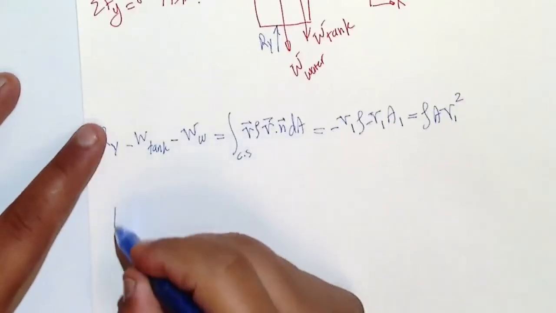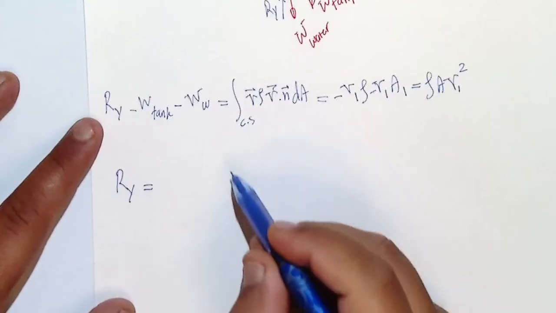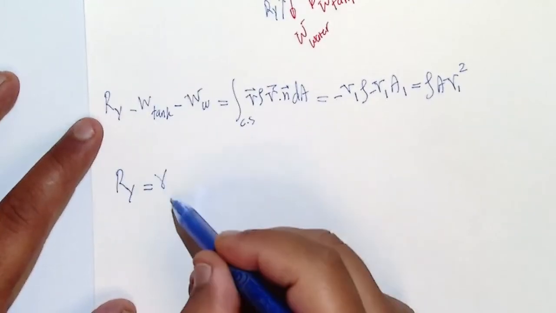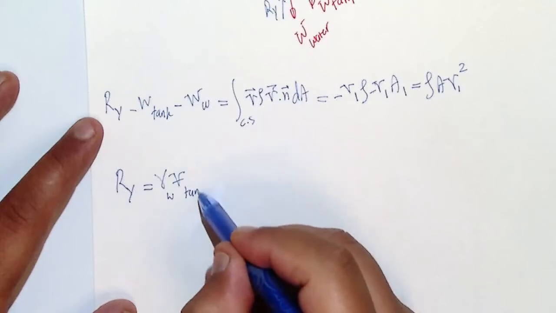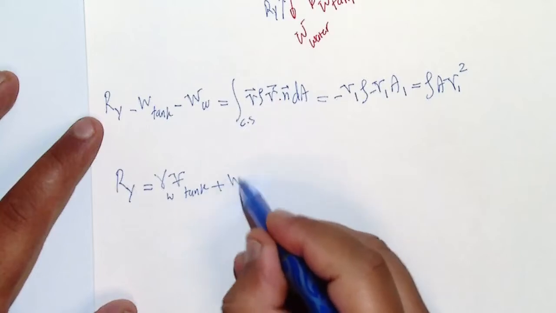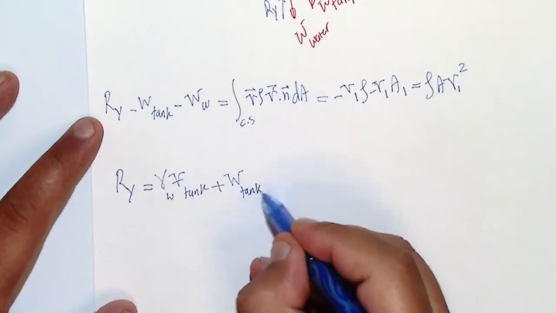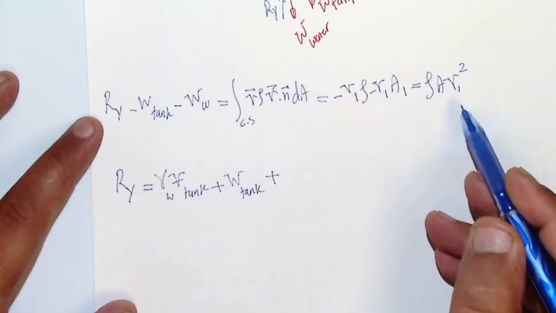So just rewrite the equation and keep Ry on one side, and instead of W of water you can write gamma of the water times volume of the tank plus W of the tank, which is given, plus rho A V squared, right?